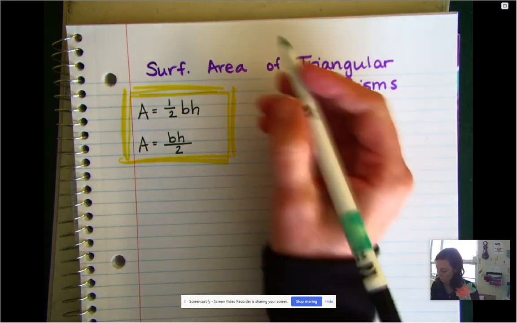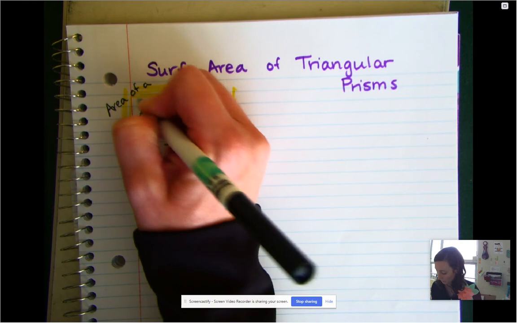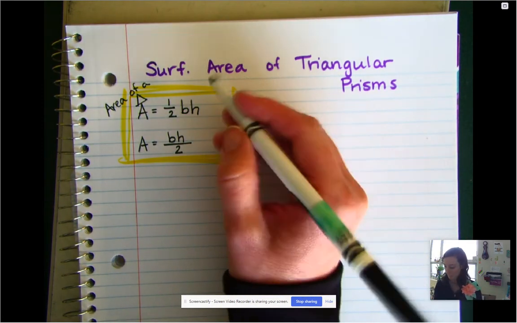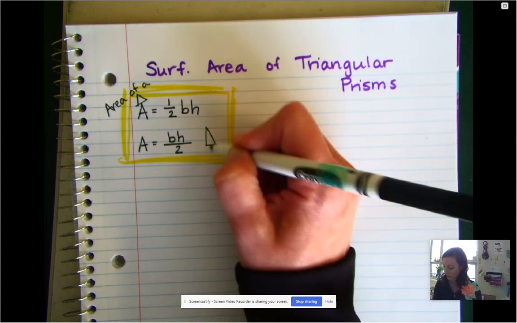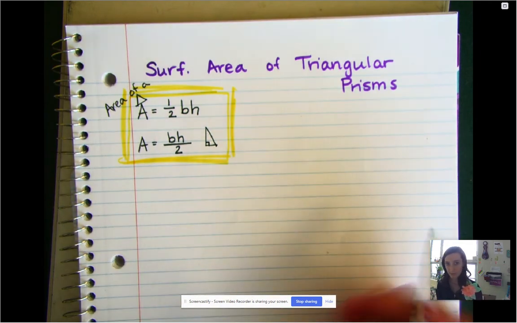Either one of those will get you the area of a triangle. Also remember that the height of a triangle has to be at a 90-degree angle to the base. Just keep that in mind.